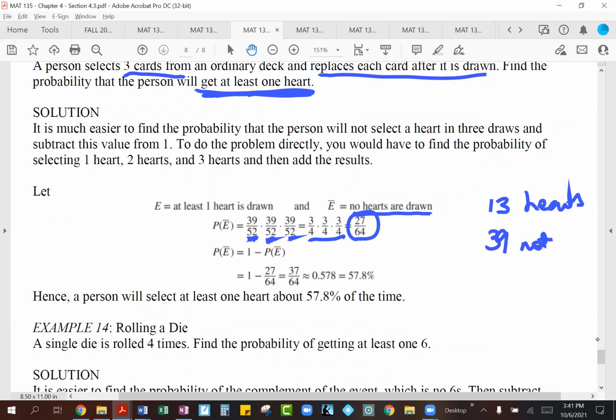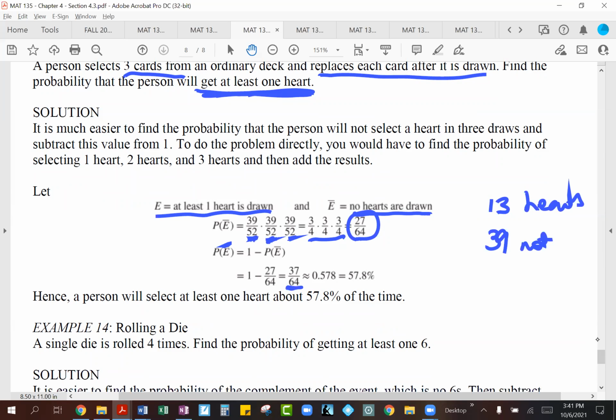out of 64. Now we want to know what is the probability that at least one of them will be a heart. And this actually should not have that bar on top of that. That's a typo. This should be 1 minus the probability that we do not get a heart, which is 27 out of 64.